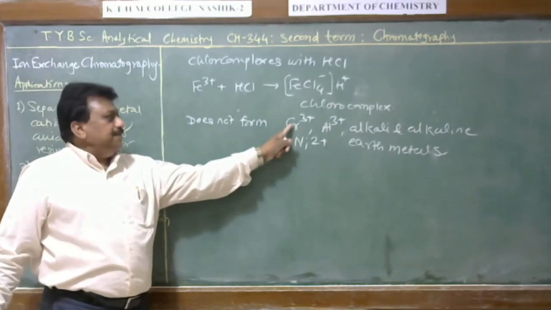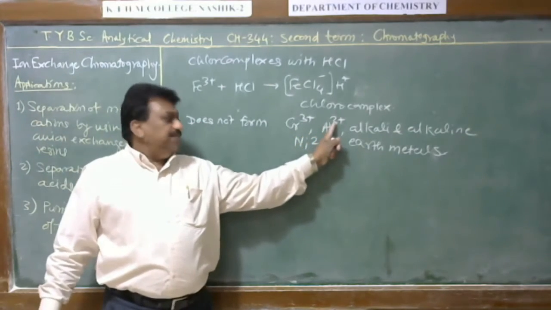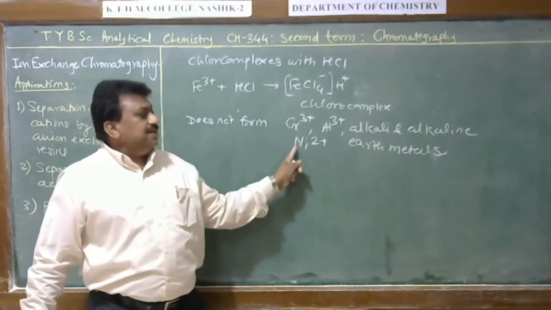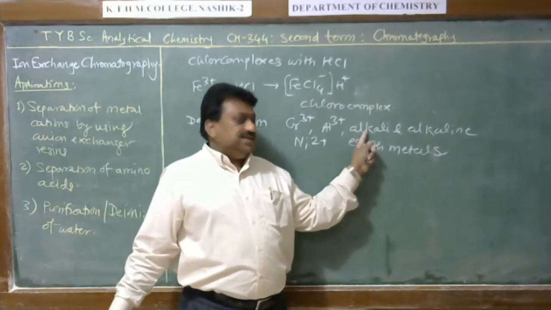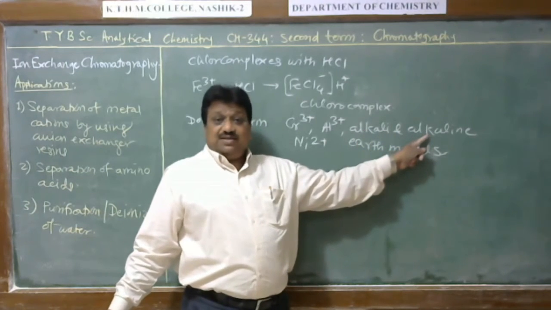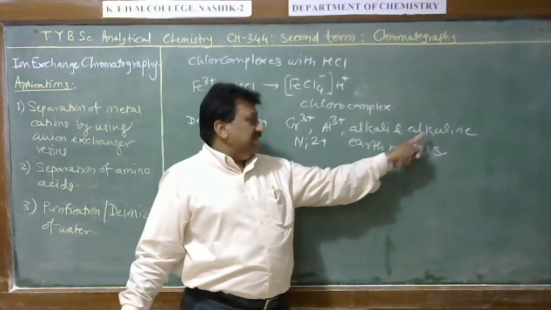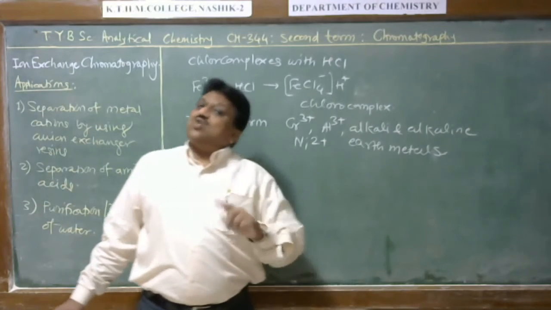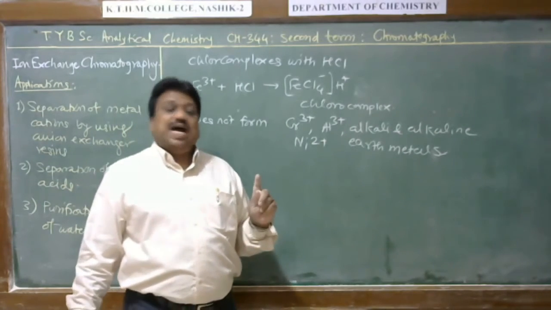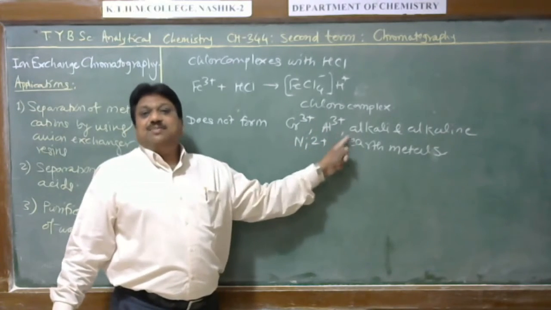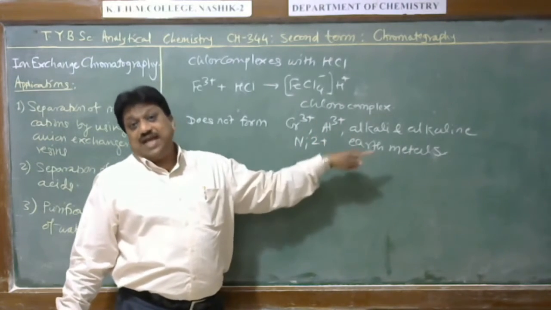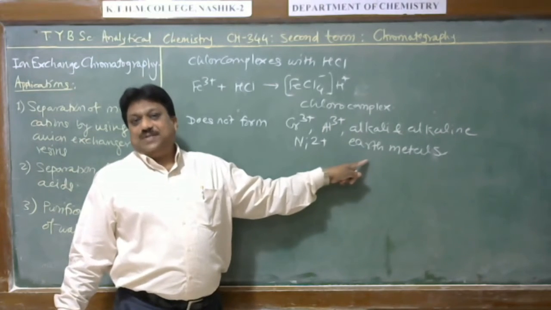Therefore, chromium 3+, aluminum 3+, nickel, alkali metals like sodium, potassium, lithium, and alkaline earth metals like calcium, magnesium, none of these form chloro complexes with hydrochloric acid, and therefore these ions can be easily separated from those ions which form chloro complexes.